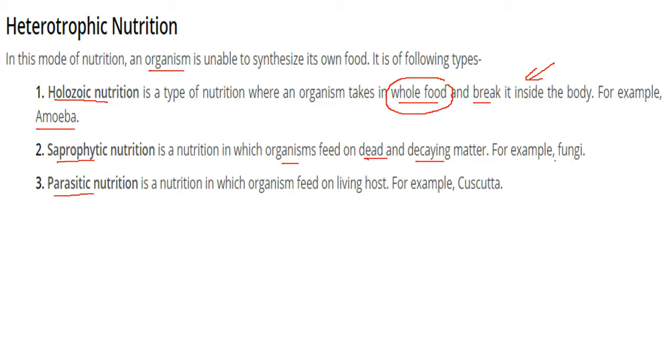For example, fungi do that. Parasitic nutrition means one living being living on another living being. This is a nutrition in which the organism feeds on the living host.